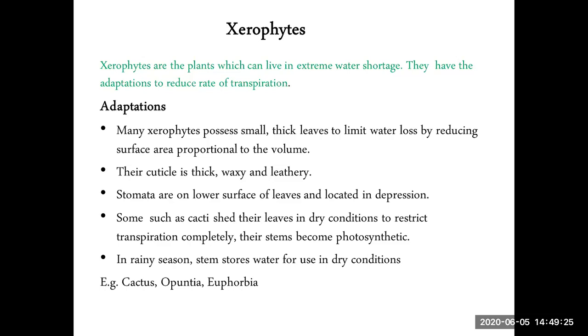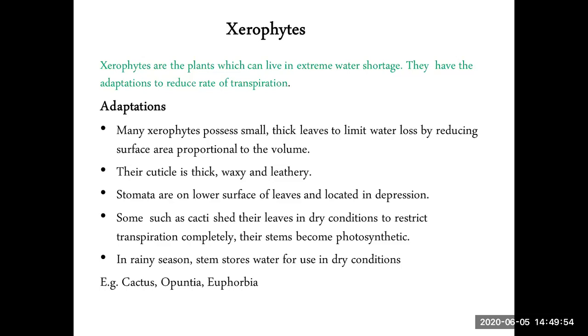When water is available in rainy season, they used to store water in the stem. Some of the xerophytes store water in the stem for the use in the dry conditions.